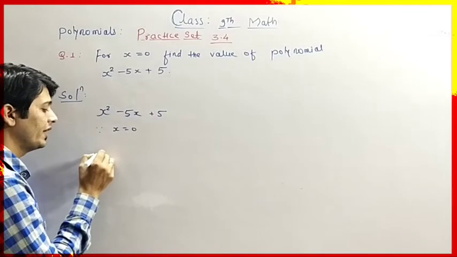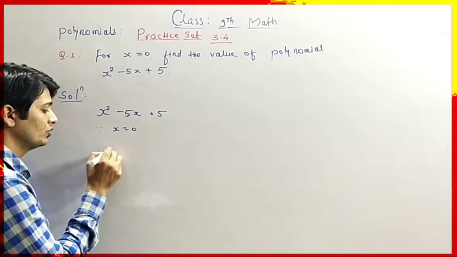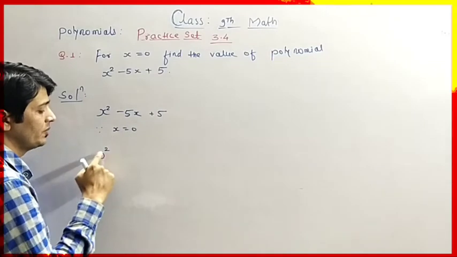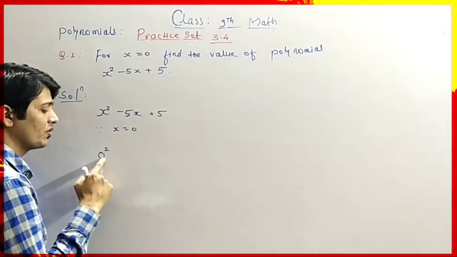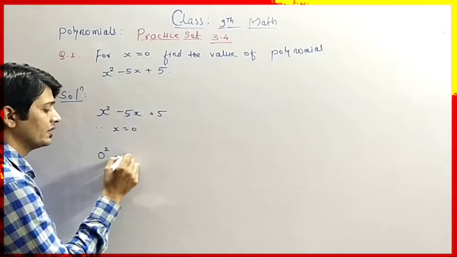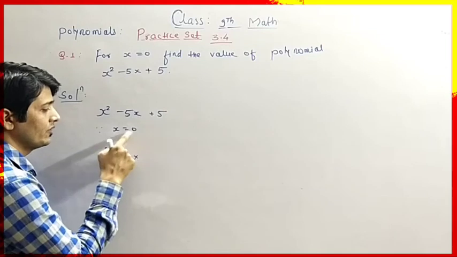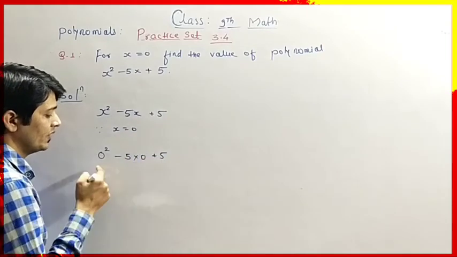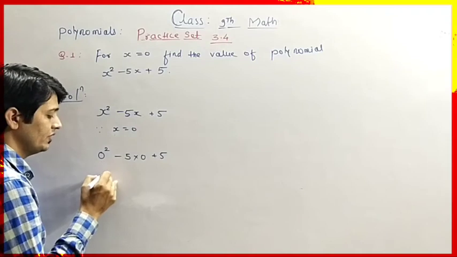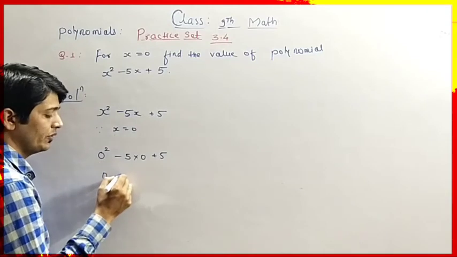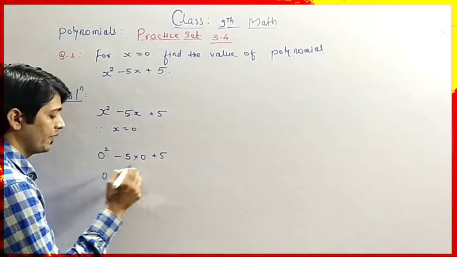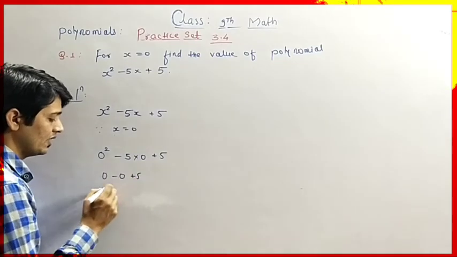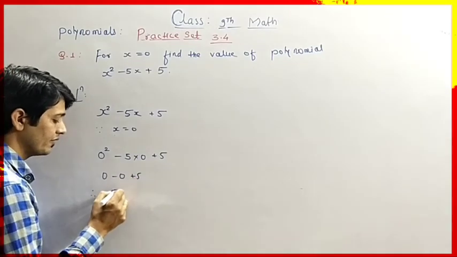So we write 0 square minus 5 into 0 plus 5. 0 square is 0, minus 5 into 0 is 0, plus 5.